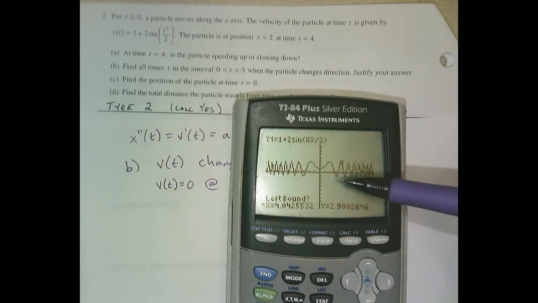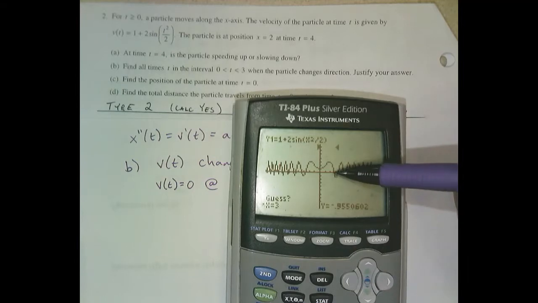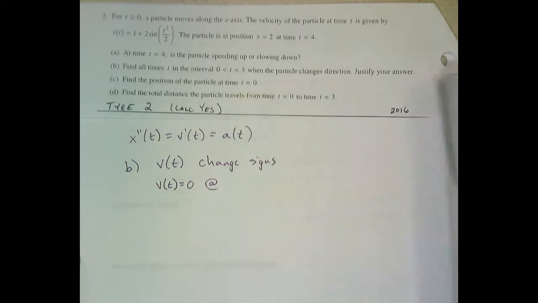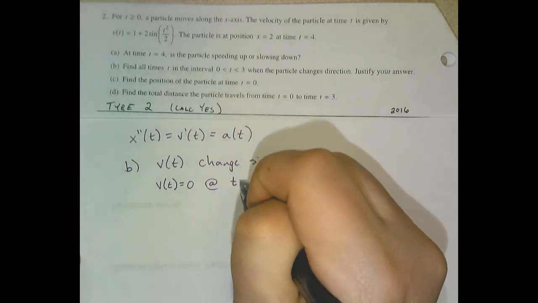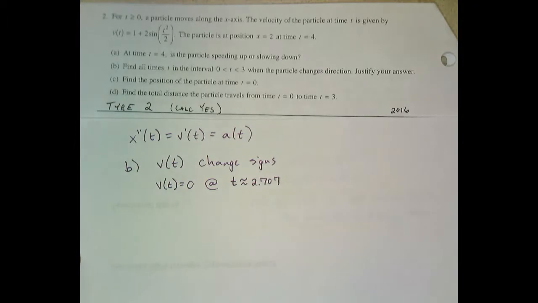And they're going to ask for a left bound, a right bound, and a guess. Well, my left bound is 0, and my right bound is 3, and it looks like a guess of around 2.5. Okay? If it crosses more than once, you'll have to have a smaller window, but in this case, there's only one zero, and that's at 2.707. So, at t is approximately 2.707.